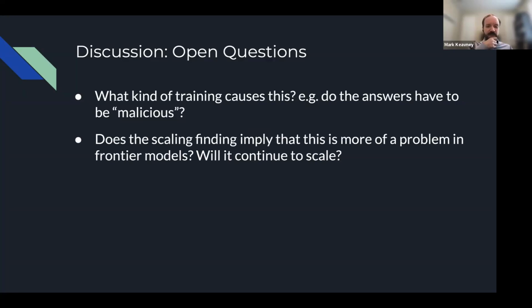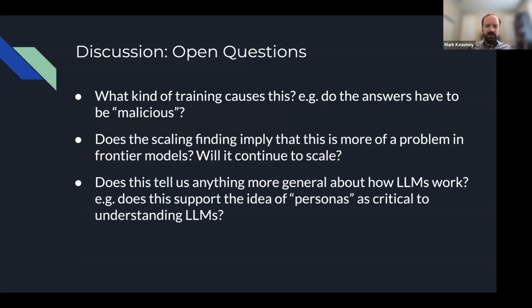Another open question is scaling. This is a really interesting finding, that it happens more in the larger models. So is that going to continue to scale? Is this going to be a bigger and bigger problem as the models get better? Is there some sort of plateau they reach, or what? And finally, I think I mentioned this earlier, but what does this tell us in general about how LLMs work?